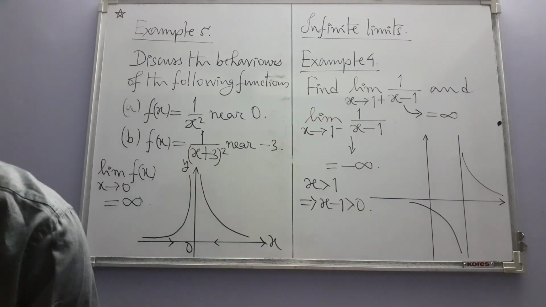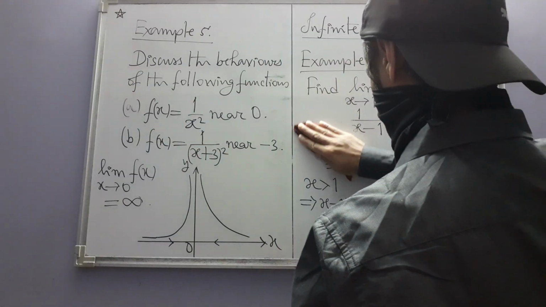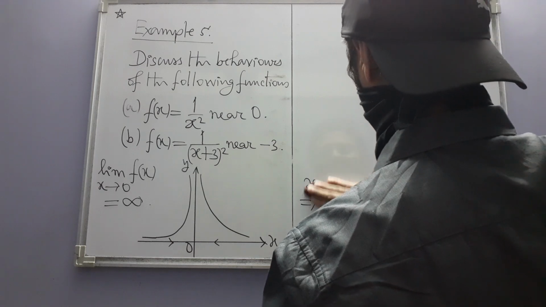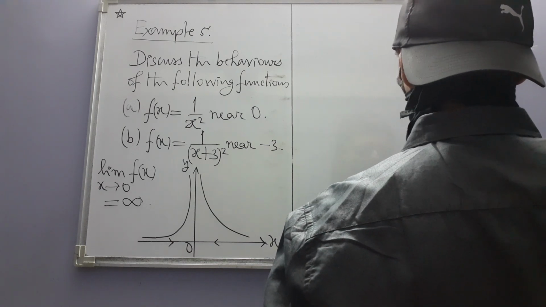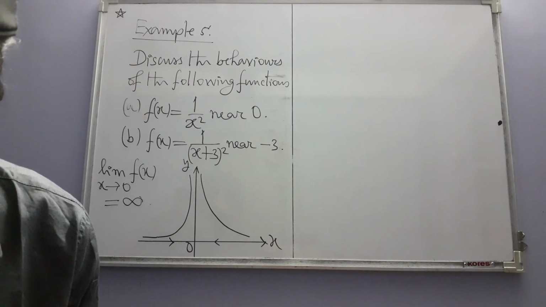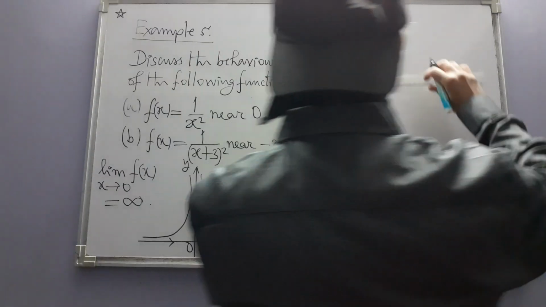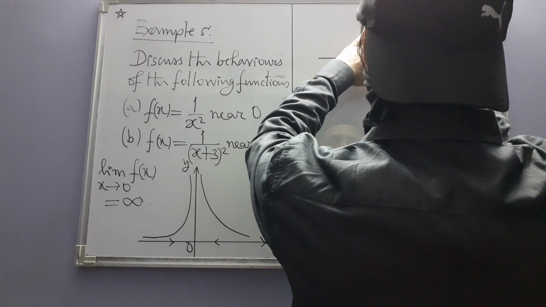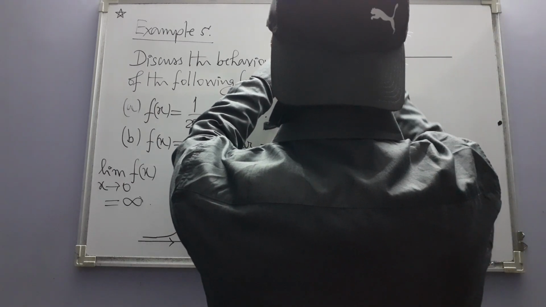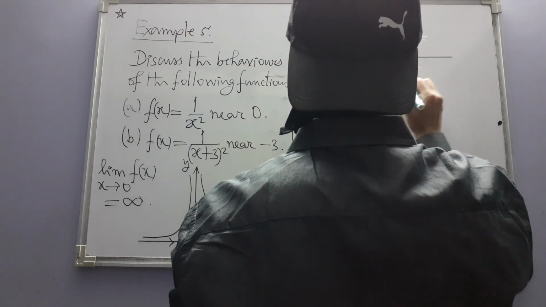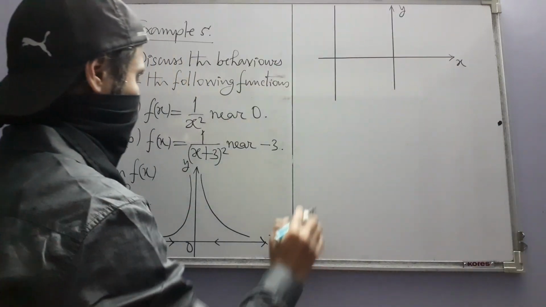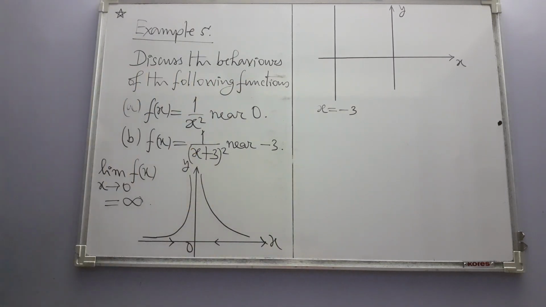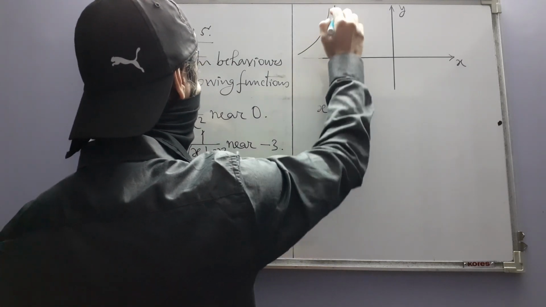Let me show it there. So this is x equal to -3, and the graph of this function is just this.